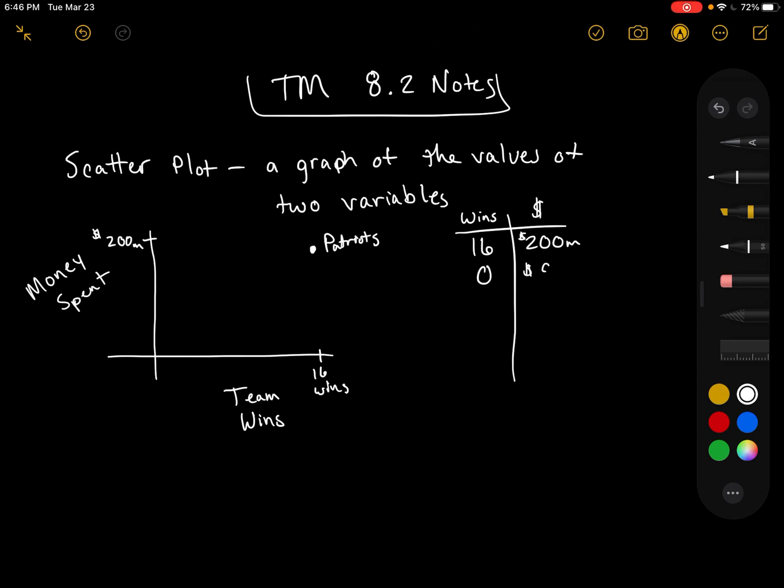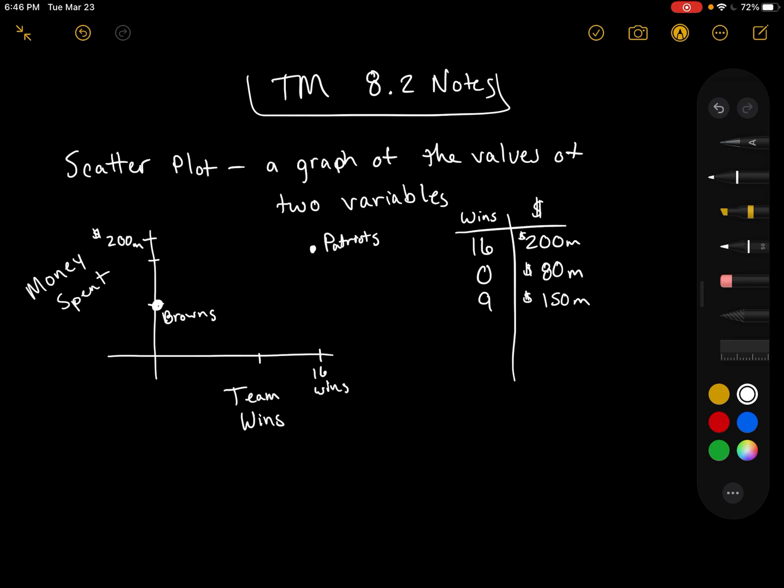And then maybe you have a team like the Browns who, they're just trying to save some money. They don't win any games, and maybe they only spend like $80 million on their roster that year. So somewhere down here, they have 0 wins, and here's Cleveland. And then you might have some other kind of middle-of-the-road teams, maybe something like the Colts.